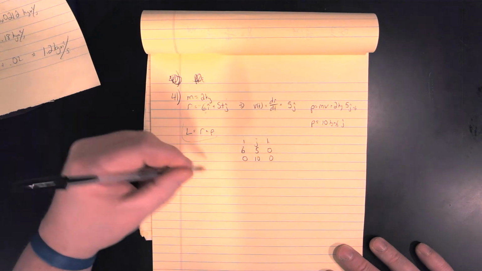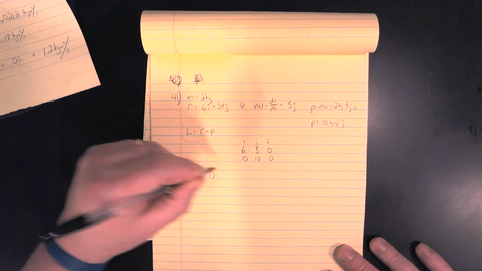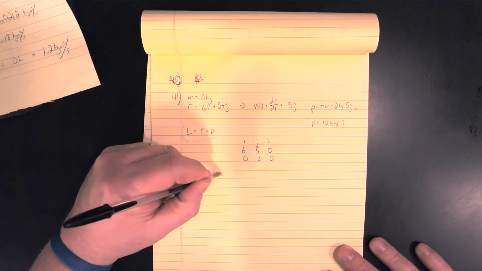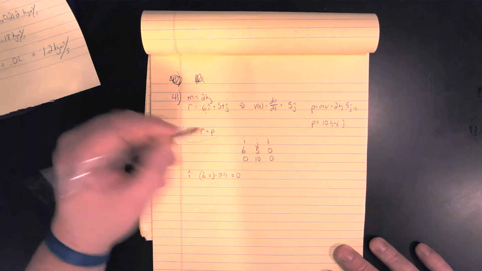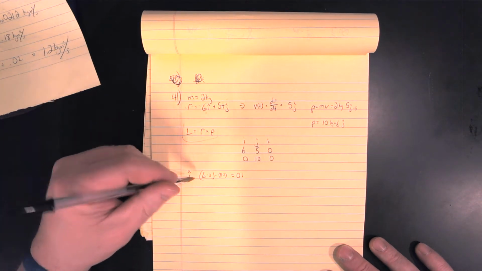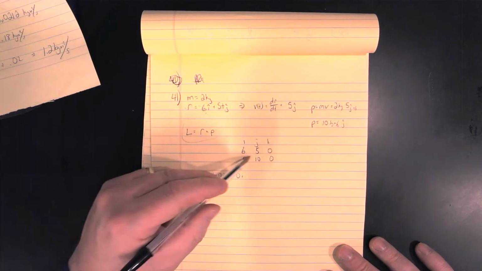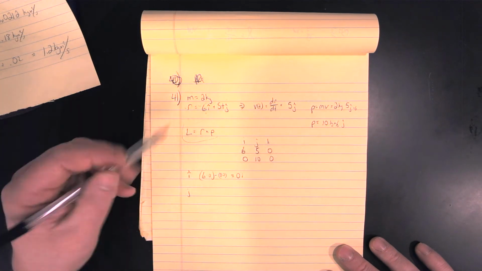For my i hat, I'm going to go 6 times 0 minus 0 times 0. So that ends up giving me 0. So I'm going to have 0 in the i hat direction. For my j, I'm going to go for the j, it'll be 6 times 0. Oh, I did that wrong.